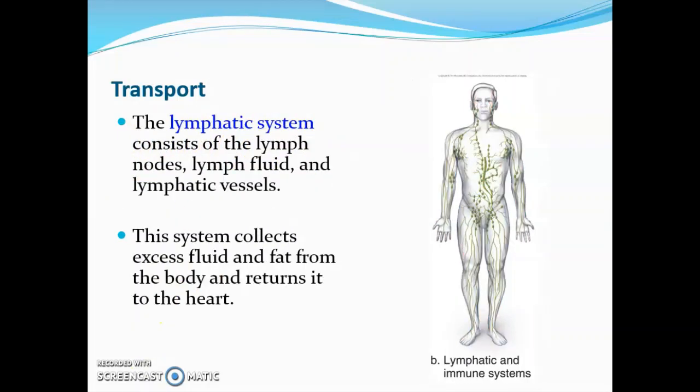A lymphatic system is a network of tissue, vessels and organs that work together to move a colorless, watery fluid called lymph back into your circulatory system. The lymphatic system also plays a very important role in protecting your body from illness-causing invaders such as bacteria and viruses.